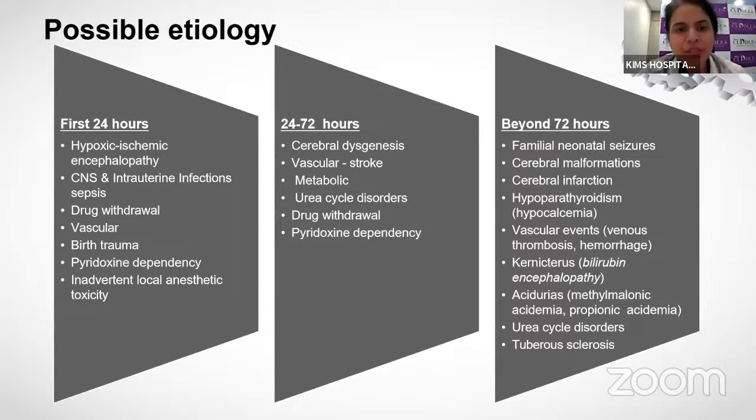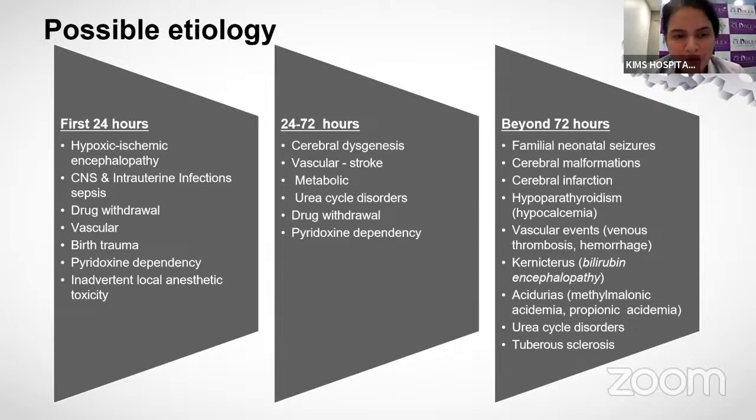So now, having understood the different types of neonatal seizures and the underlying predisposition of the neonatal brain to seizures, let us now try to understand the different causes of neonatal seizures based on the postnatal age of appearance of seizures.